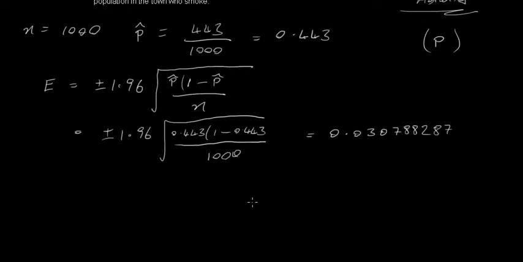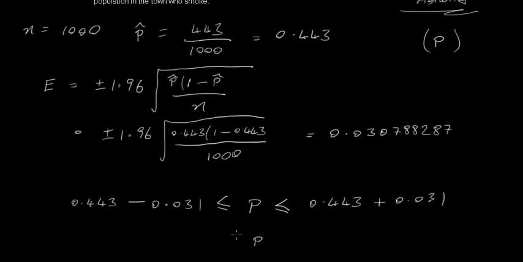Our true population proportion is going to be somewhere between 0.443 minus 0.031 and 0.443 plus 0.031.